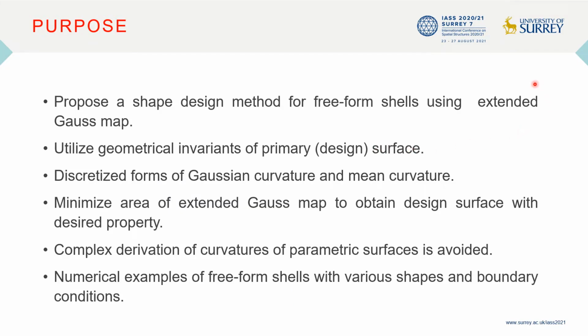The purpose of this research is to propose a shape design method for free-form shells using extended Gauss map utilizing geometrical invariants of primary or design surface. The discretized forms of Gaussian curvature and mean curvature are used, and we minimize the area of the extended Gauss map to obtain a surface with desired property.